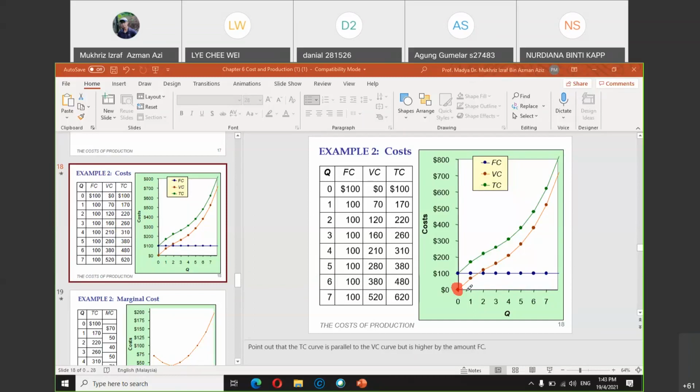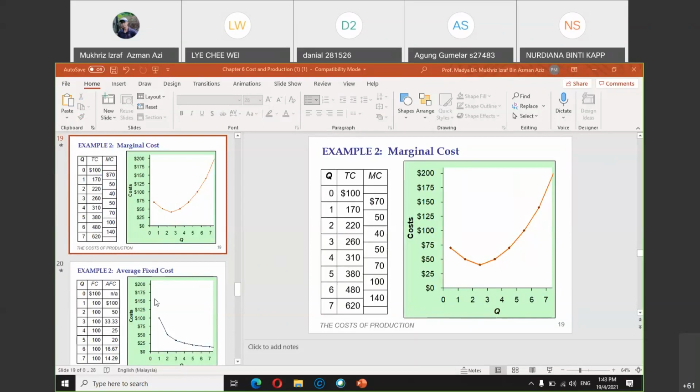So variable cost starts from zero, but fixed cost is already a positive number even though output is zero. And total cost is higher than variable cost because TC is the sum of FC plus VC. This is what I mentioned just now.